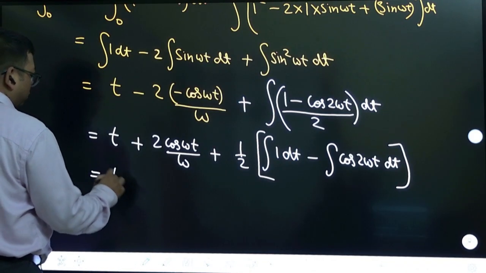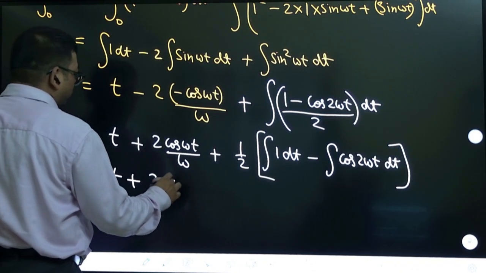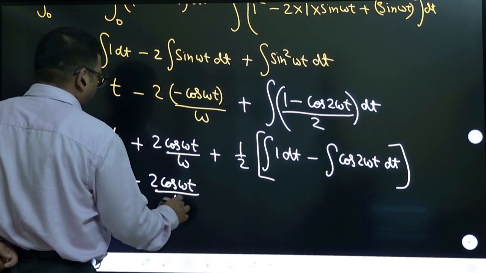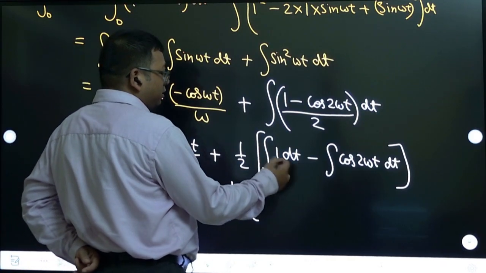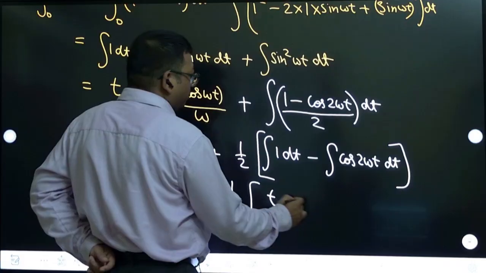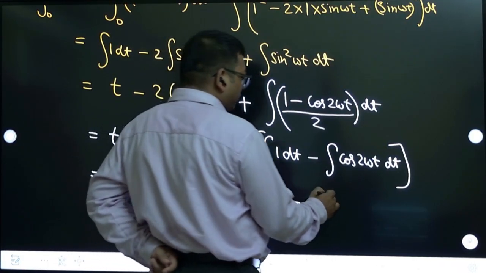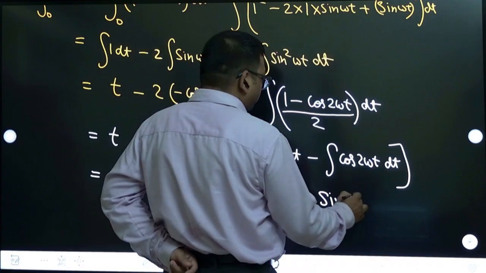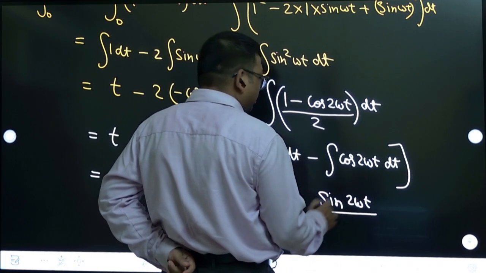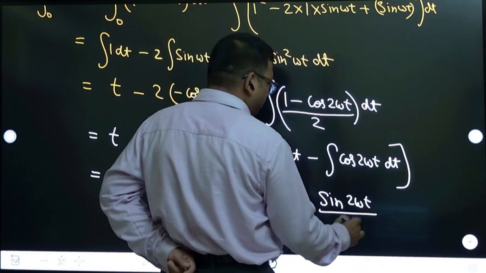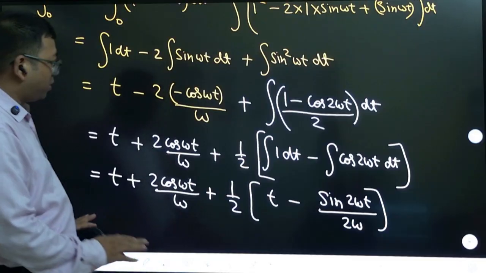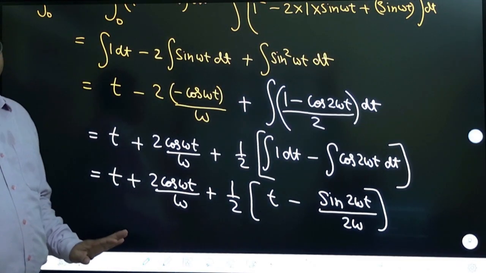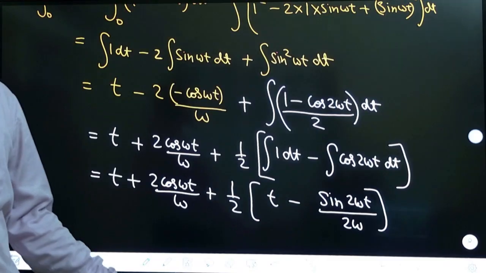Then t plus 2 cos omega t by omega plus half, then again dt integration will give t, minus cos integration will give sine, and note that here the coefficient 2 omega gets divided. Okay, so that's all we have got. Now we have solved the integration. Clear? Anyone, any doubt till here?